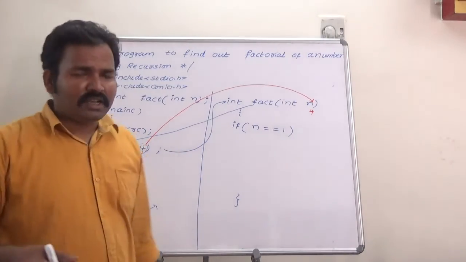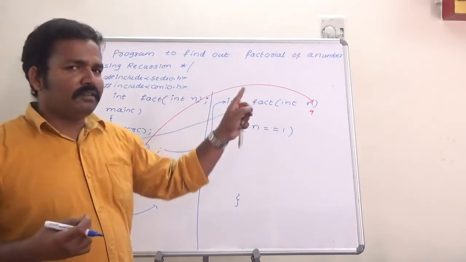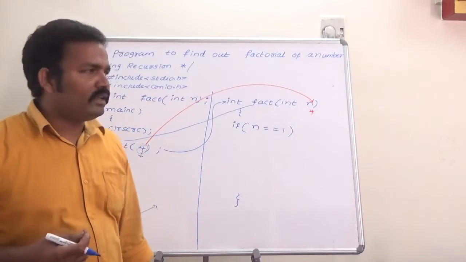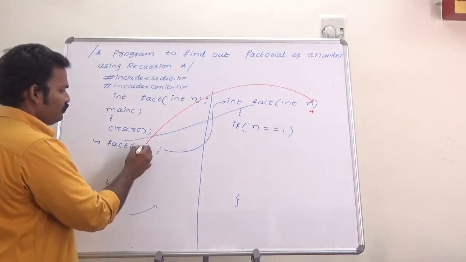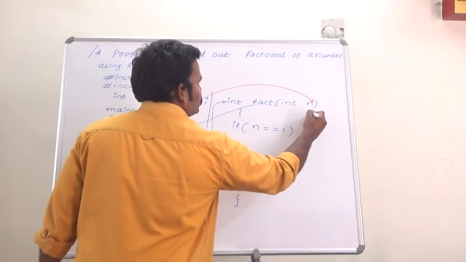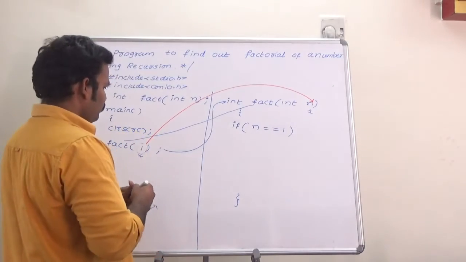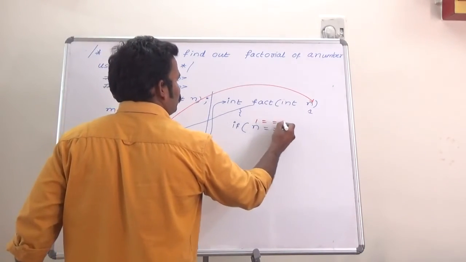There is a chance that the user passes 1 as the argument. For suppose fact of 1, so the n value is 1, and 1 is equal to 1.